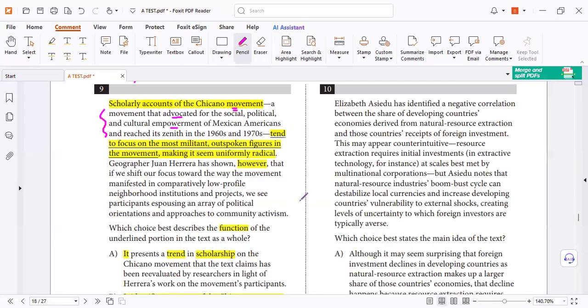Number 10, the main idea, long. The main idea, as you know, doesn't follow the usual rules: you can read the first sentence only and go to the answers and read the last sentence. It's a very long sentence, but we need to summarize it quickly from the first reading. Identify it.